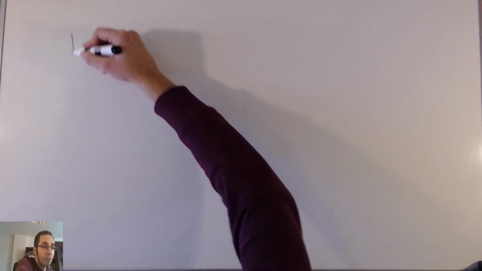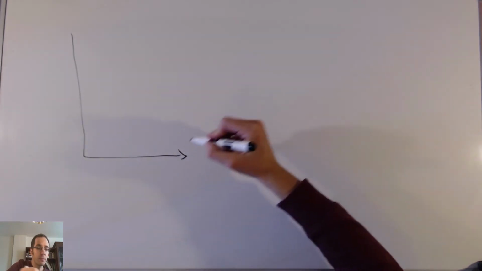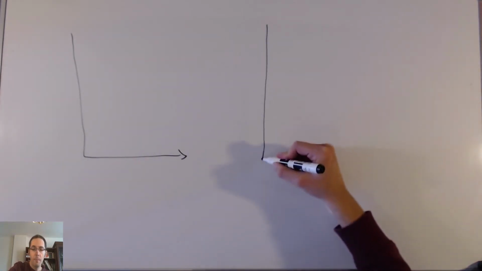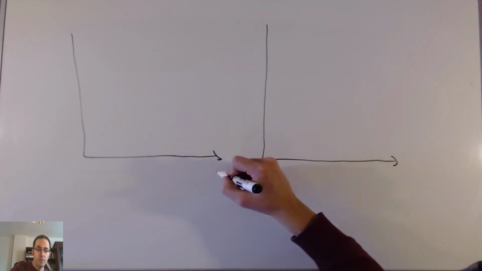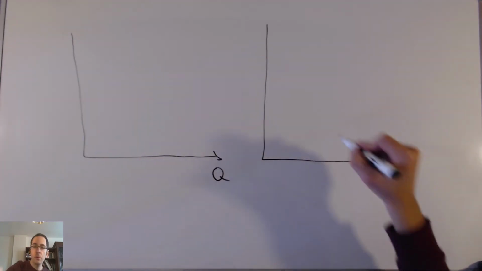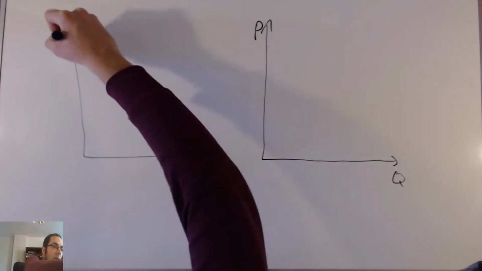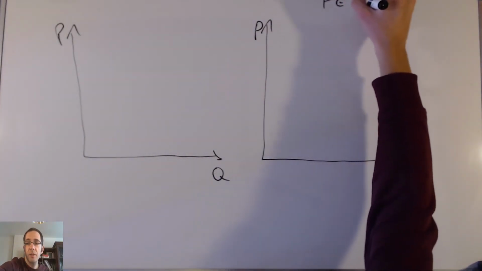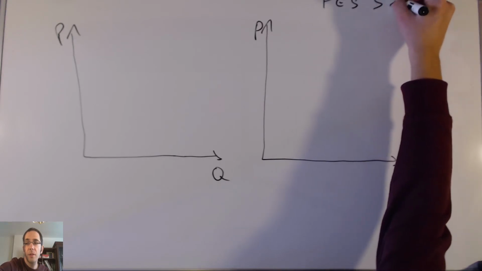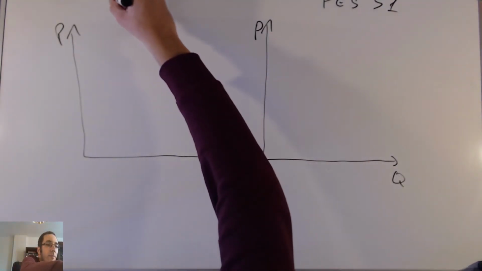Okay, so just like before, I'm going to draw two diagrams next to each other. Quantity, price and price. In this case, the price elasticity of supply would be greater than 1, so this is elastic.